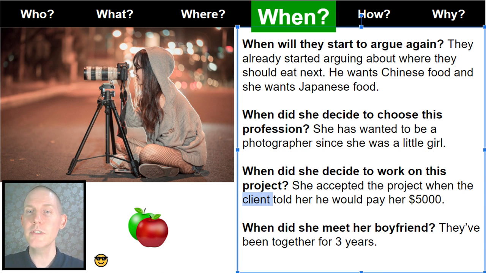So if you have a business deal, you have someone who is offering the service, like she says, I will take pictures, and someone else said, okay, I will pay you for those pictures. So client is kind of like customer. Actually, it's the same as customer, right? So the client is the person who's going to pay her money to take the pictures, right? He's probably not here right now because he wanted her to do it for him, right?